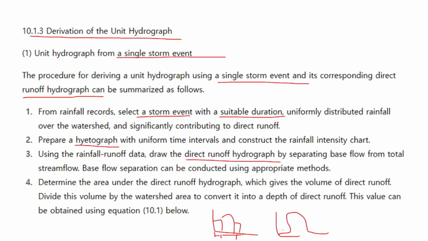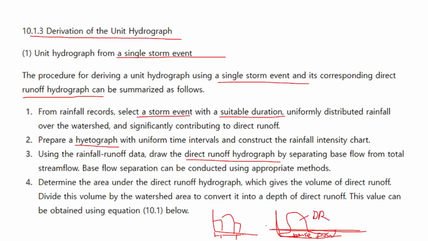So this is total stream flow, and then base flow will be a flow that we separate. Normally you just try to find a value that continues throughout, where you can separate like this, between base flow and then the direct runoff.